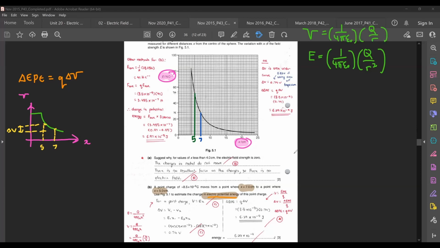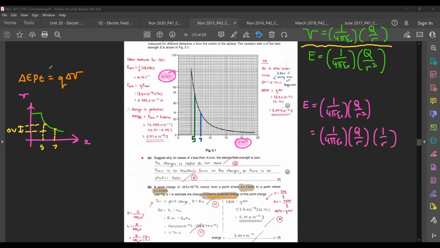So you will make use of these two equations and somehow combine them together. How does it work? You say something like this first. E is 1 over 4 pi epsilon naught Q over R squared. This is the same as saying 1 over 4 pi epsilon naught Q over R times 1 over R.